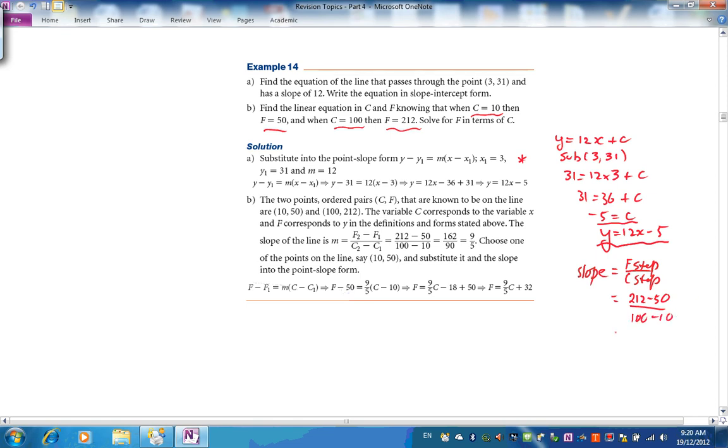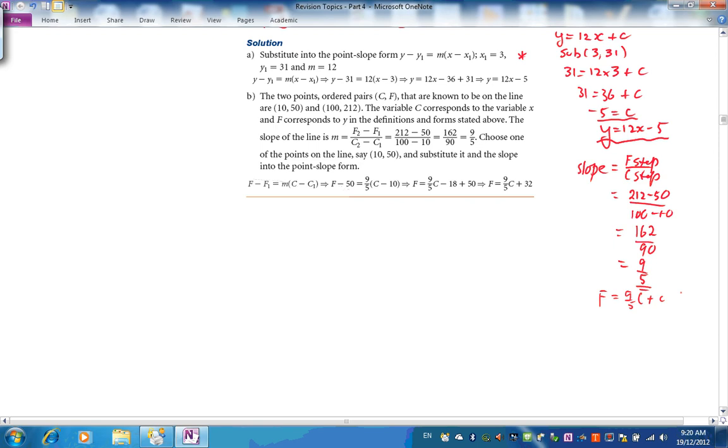Whatever that comes to, 212 take 50 is 162 over 90, and when you cancel that down, that actually comes to 9 over 5, I think. Is that true? Yep, so it's 9 over 5. And so you have the formula F equals 9 over 5 C plus our little c down the bottom there.